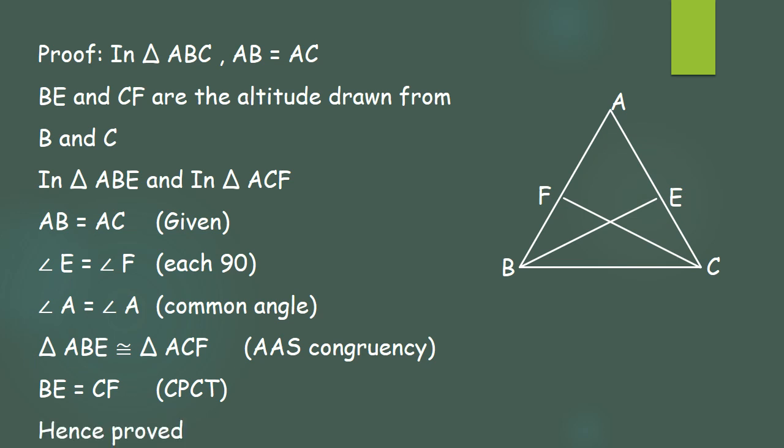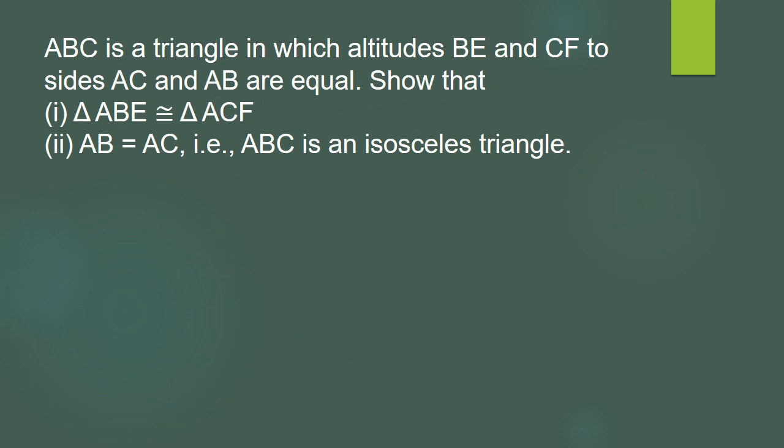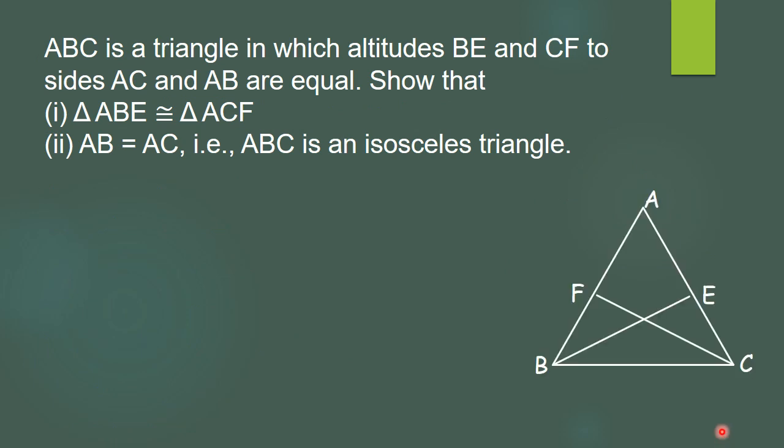Now we will go to the next one. ABC is a triangle in which altitudes BE and CF on the sides AC and AB are equal. Now what they have stated is that the altitudes are equal. So they have given that BE is equal to CF.